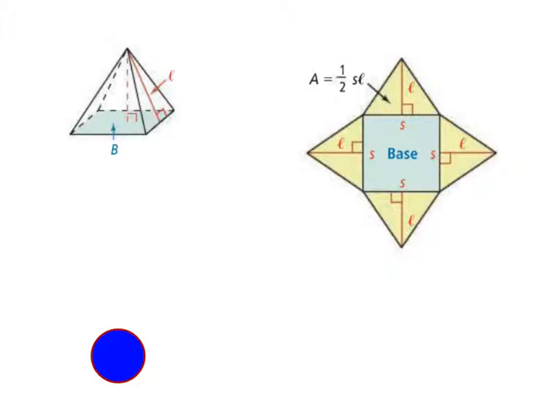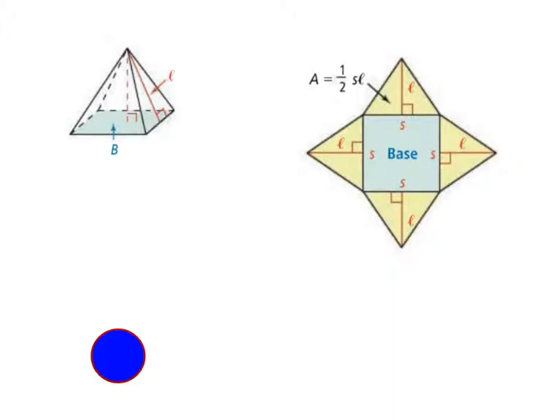If you look at what this is, remember we laid this out flat, so this slant height right here is really this height right here. So when I find the area of this triangle, I'm going to have 1/2 base times height. So 1/2 base is the side length. Height is your slant height. So this here is how you would find the area of that triangle.